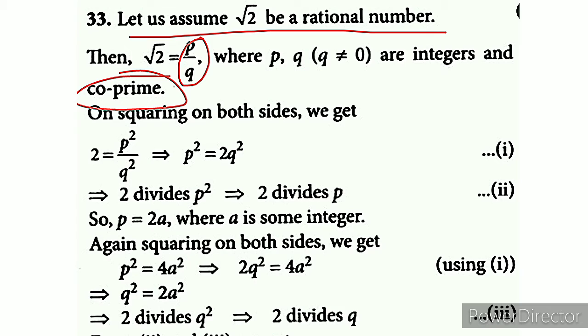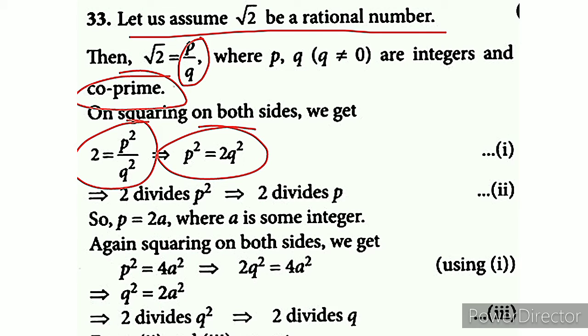And now we square both sides of square root of 2 equal to p upon q, so we get 2 is equal to p square over q square, and after multiplying q square on both sides we get p square equal to 2q square. This implies that 2 divides p square, or p square is a multiple of 2.